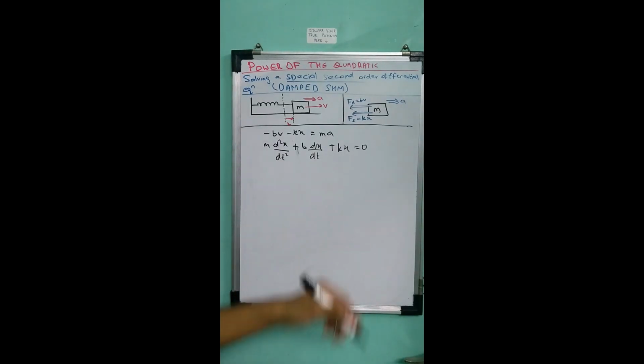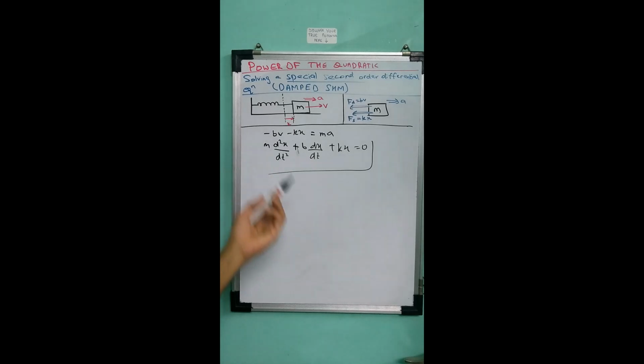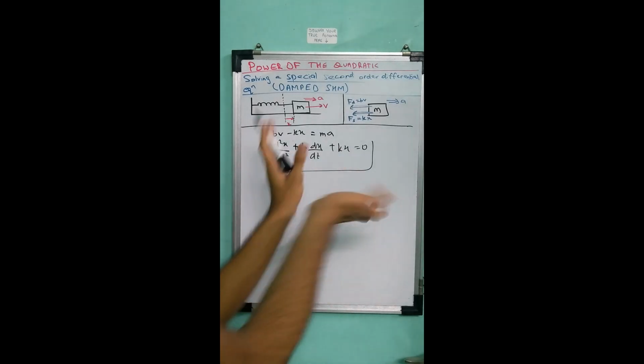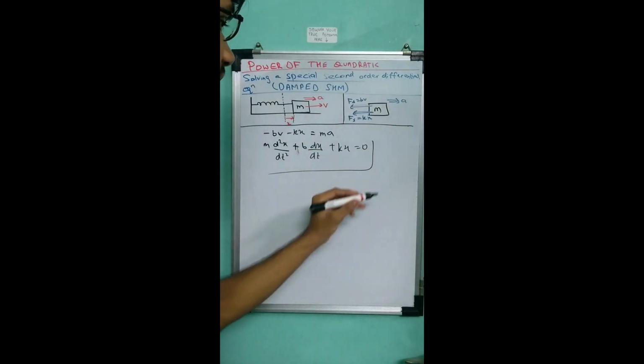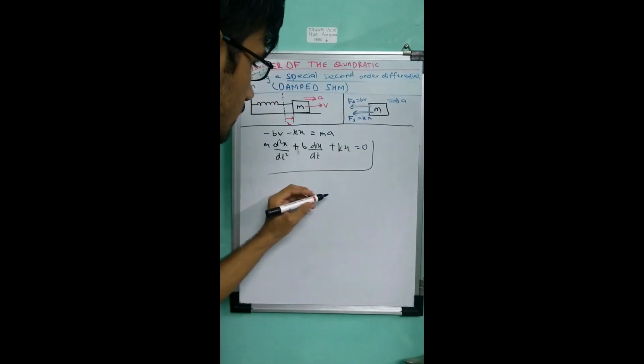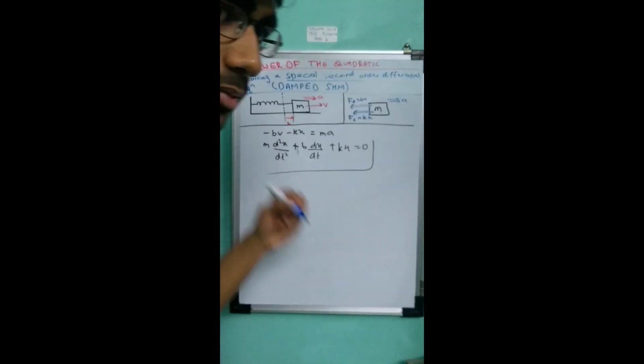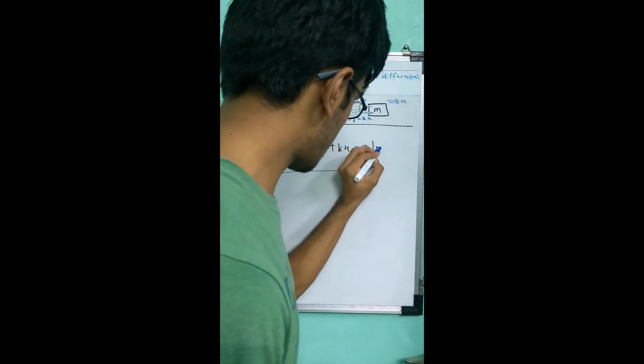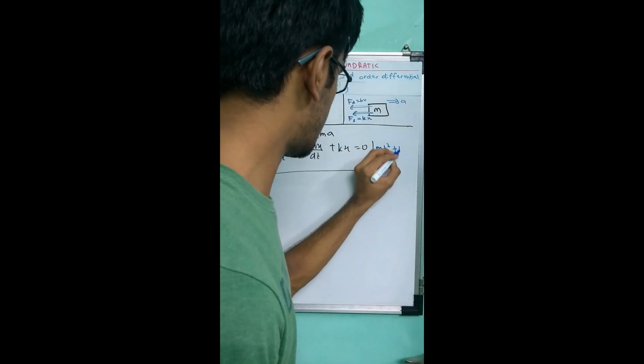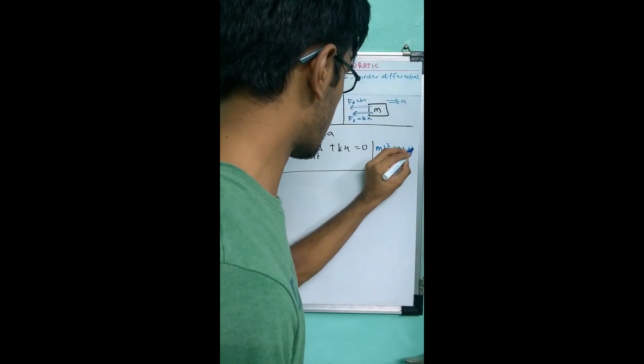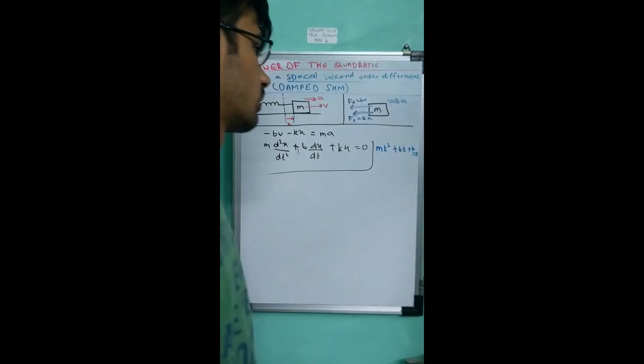So, well, it seems to me that if I had to make a quadratic equation that just looks similar to this, it would be something like mt square plus bt plus k equals 0.